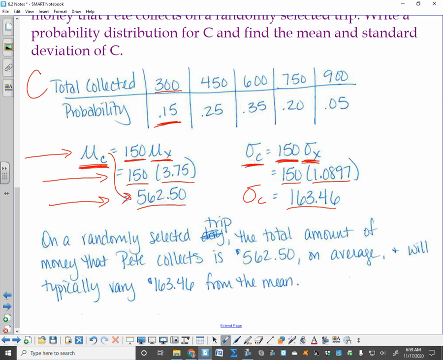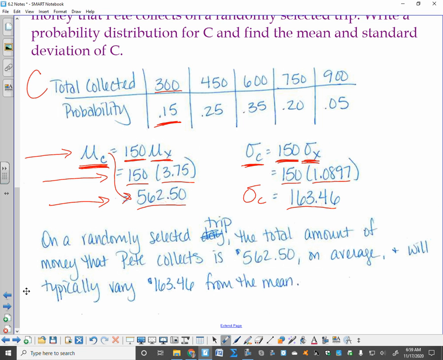So now I'm going to write my sentence. On a randomly selected trip, the total amount of money that Pete collects is, on average, $562.50 and will typically vary by about $163.46 from the mean. Now this is money, so I went 2 decimal places, but I showed in my work all the decimal places.